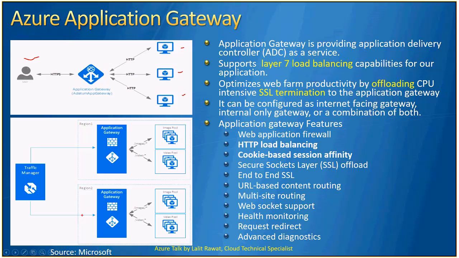Then, if you have a container with a lot of pictures, videos, or other pools, the application gateway will decide that if you are requesting the same picture or video, it routes your request to that particular image pool, and then your request will be processed further.